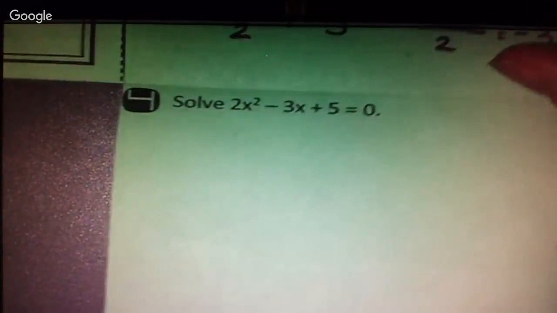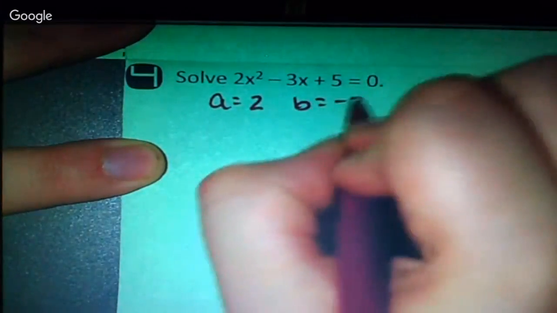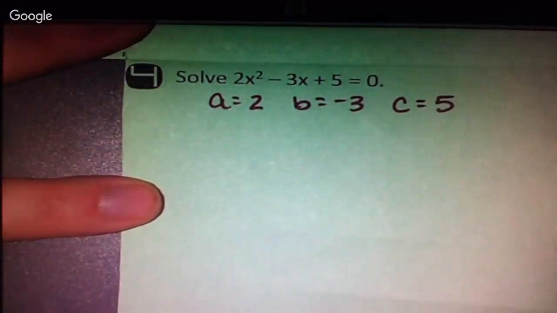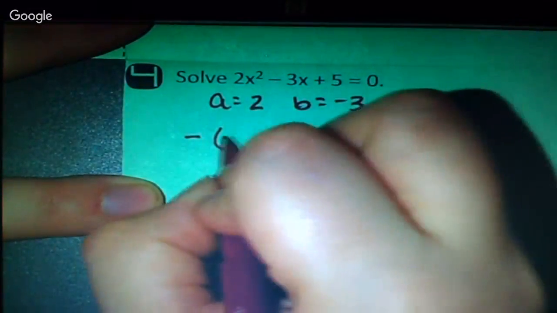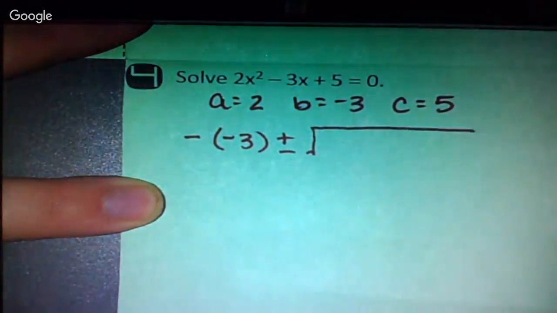If we drop below, is this equal to 0? Yes. So A is 2, B is negative 3, and C is positive 5. So we've got negative 3, plus or minus the square root.